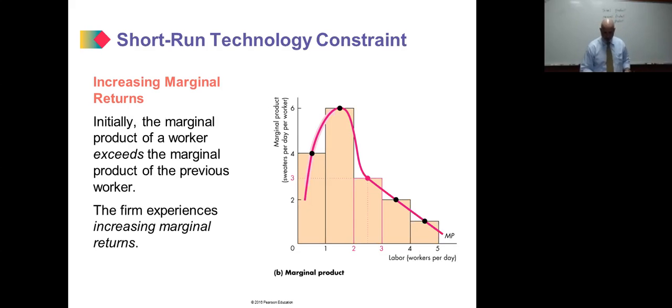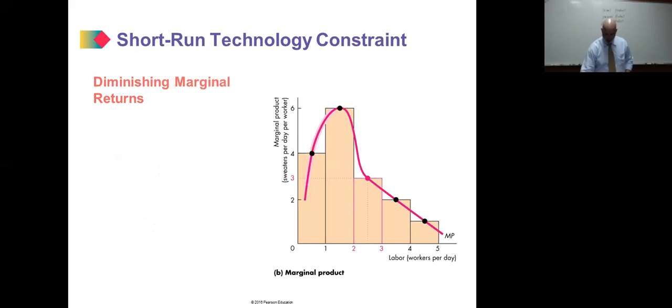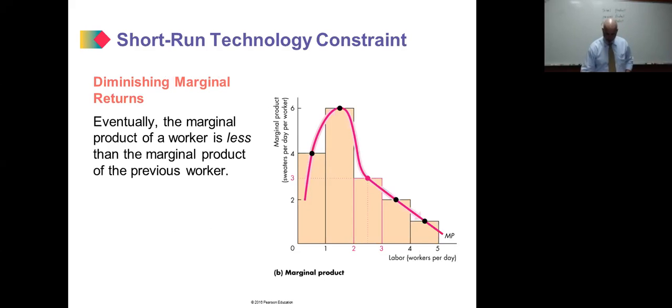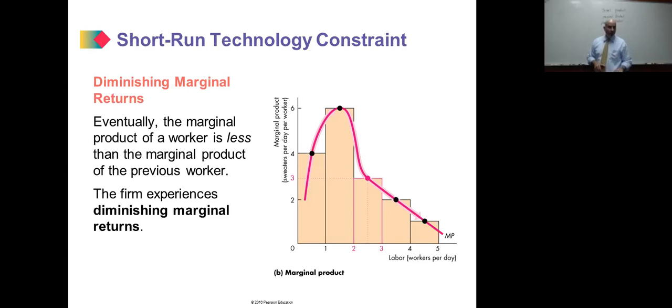In the short run, we're getting increasing marginal returns. Eventually, the marginal product of a worker is less than the marginal product of the previous worker. Here's when we're going to define diminishing marginal returns. We're not going to be receiving benefits here. Now think of hiring. These are what's going to affect hiring decisions.